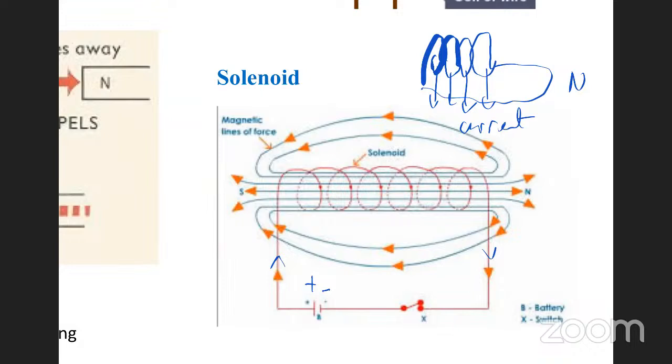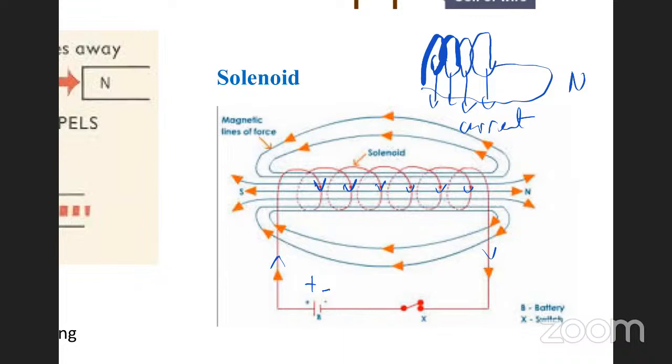If you look closely here, you will see current going down, going down, going down. So you take your right hand and your fingers will be pointing downwards, and your thumb will naturally point towards the North Pole. Check it and see.